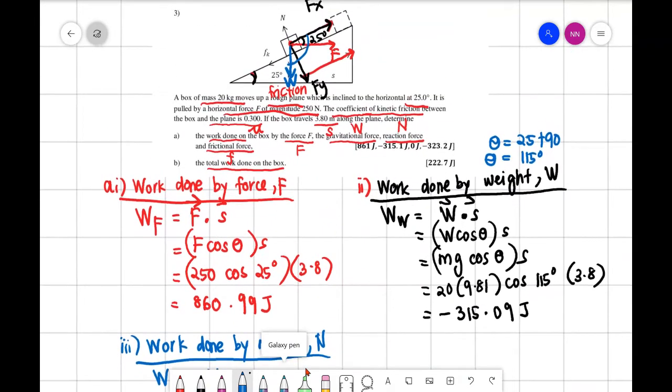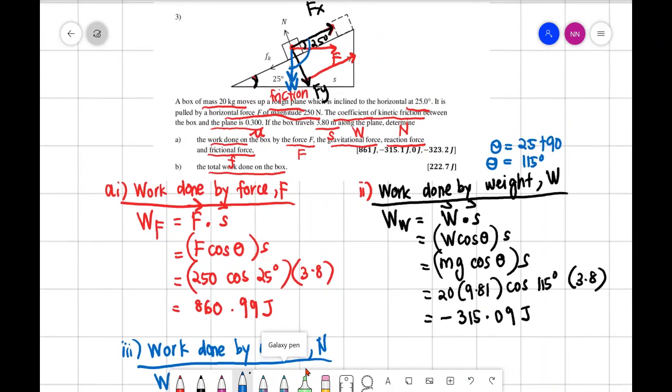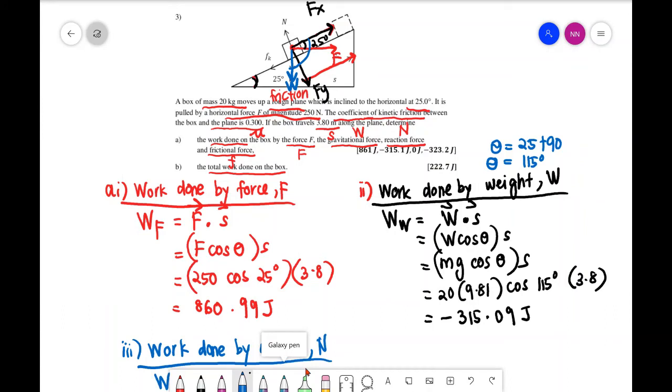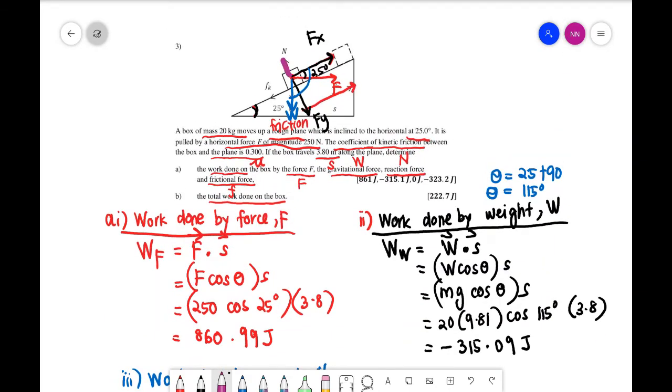What is the angle between normal and displacement? This is the normal force, and this is the displacement.